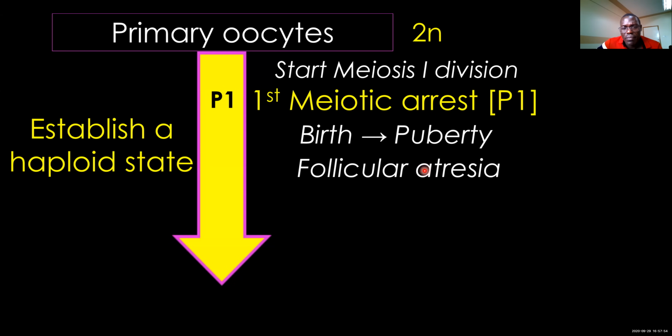Right. So we have follicular atresia. The follicles die, but we still have those that are alive. The ones which are alive are now less than 500,000. When this girl reaches puberty, she will begin the menstrual cycles.